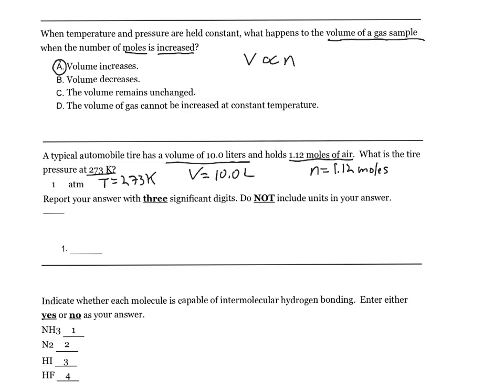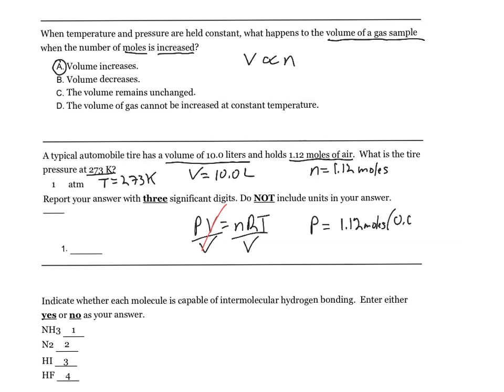We've been given 3 of the measurable quantities of a gas. We can use PV equals nRT, the ideal gas law, to find the other one. In this instance, it's asking for pressure. Substitute in. P is equal to n, 1.12 moles.